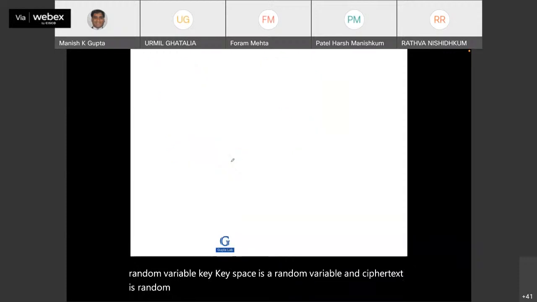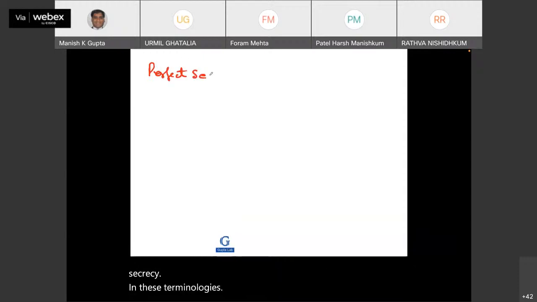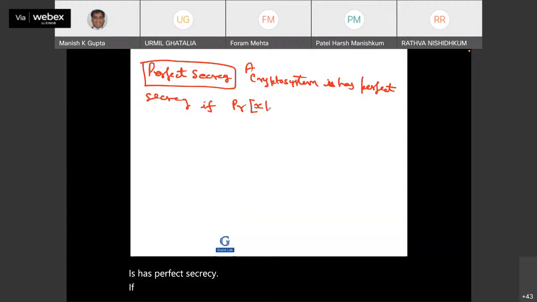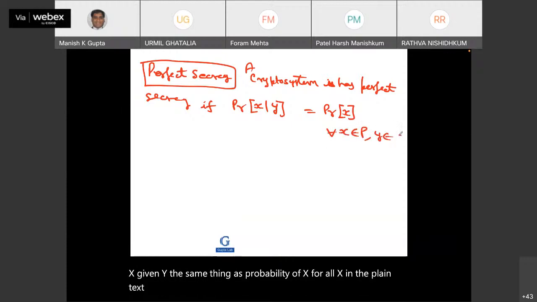So now we can define perfect secrecy in these terms. A cryptosystem has perfect secrecy if the conditional probability of x given y is the same as the probability of x, for all x in the plaintext and for all y in the ciphertext.